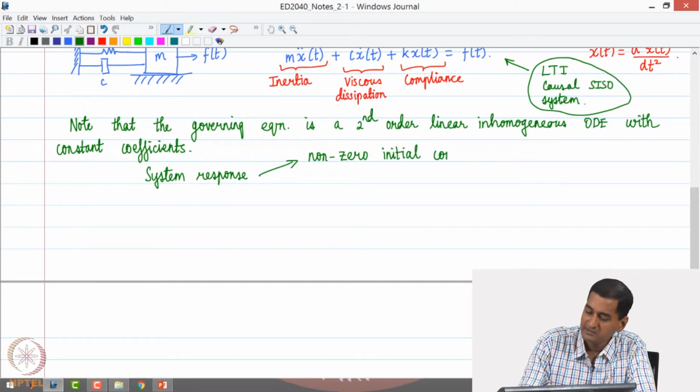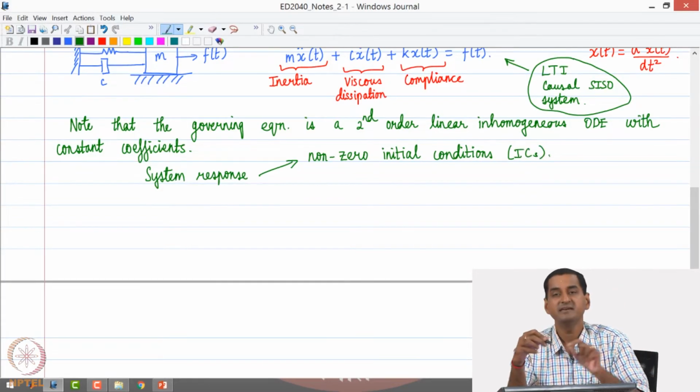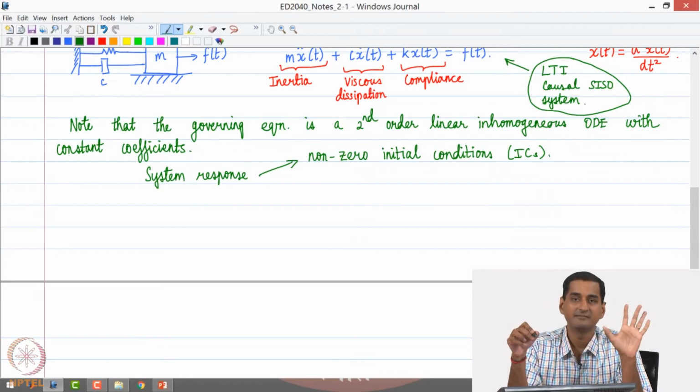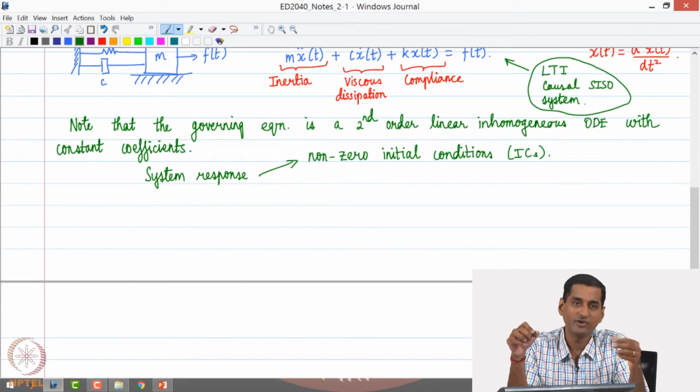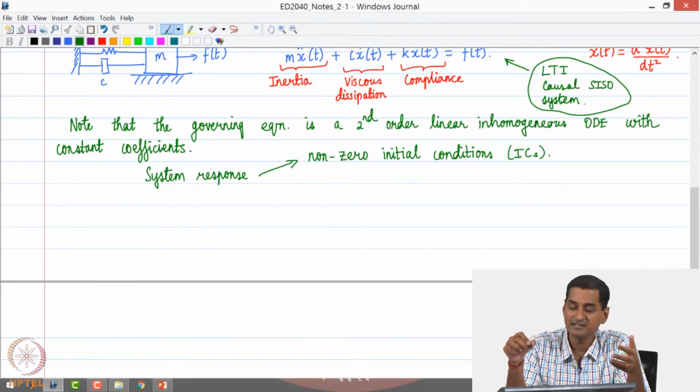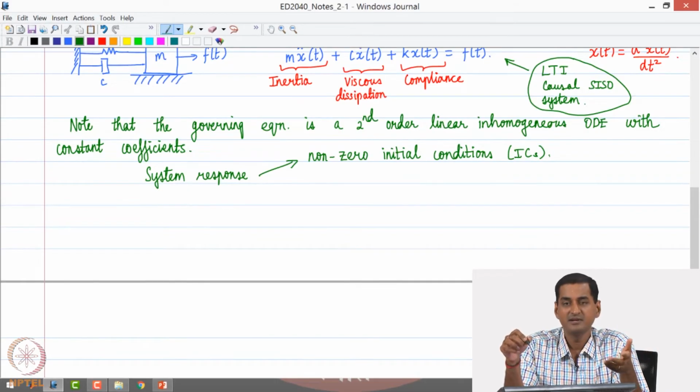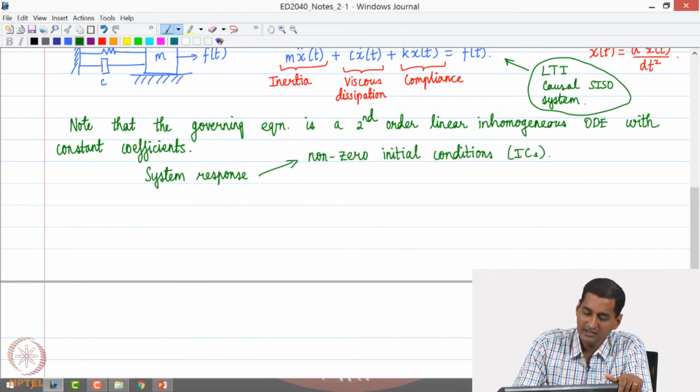For example, I can displace the mass a little bit and then leave it. So then I am giving a non-zero displacement as an initial condition. This would be called the free response. These are terms which we will define later on.